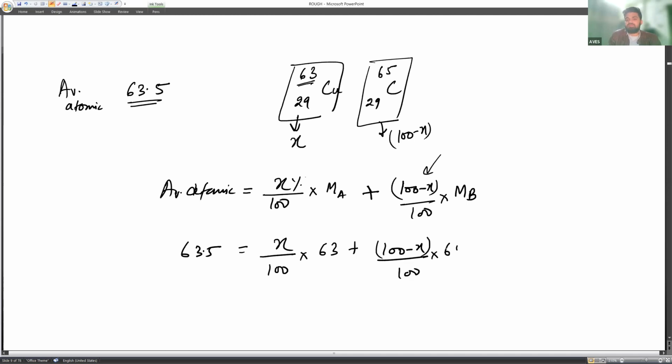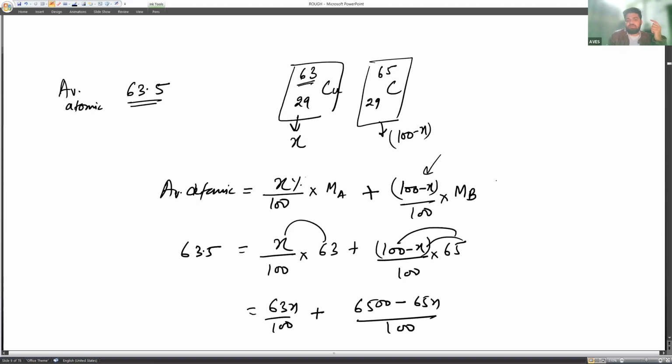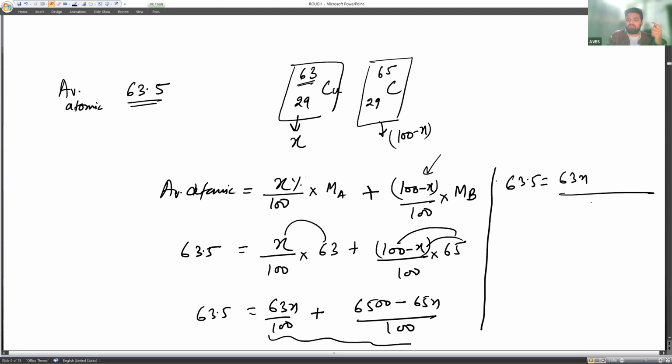Now multiply: you get 63X upon 100 plus 6500 minus 65X upon 100. Now I'm just solving the RHS part only. 63.5 equals 63X, and both have 100, so we write 100.